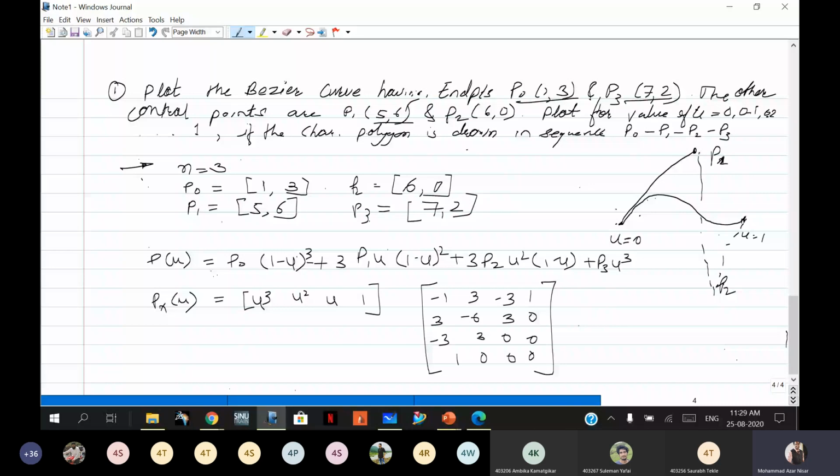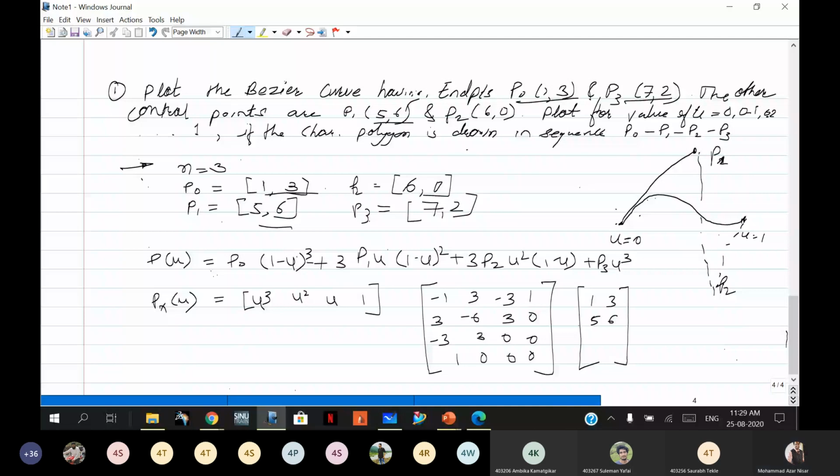Now you have to write the point P. For the P points, what are the P0, P1, P2, P3 points? You have to write them down here. First I will write down the P0 point, that is 1 and 3, then the P1 point 5 and 6, then the P2 point 6 and 0, then the P3 point 7 and 2.